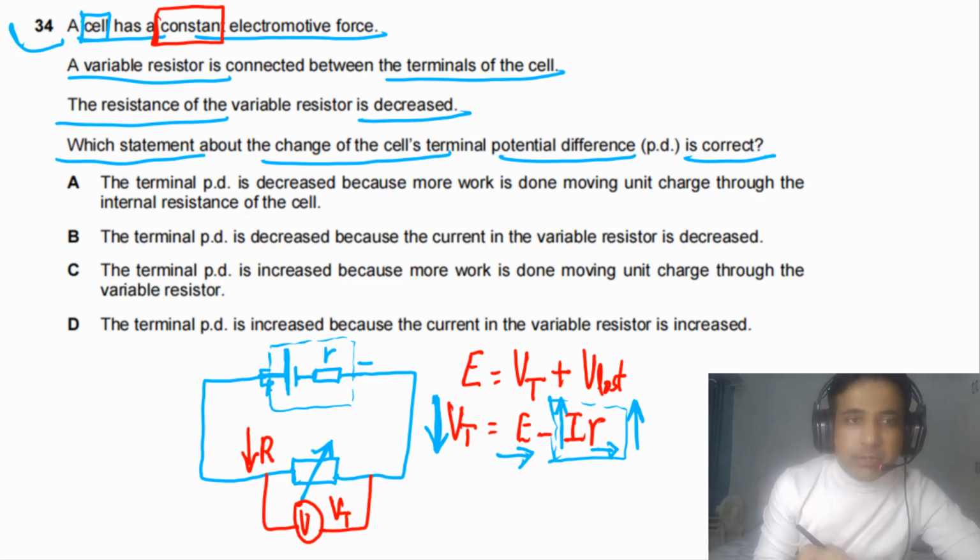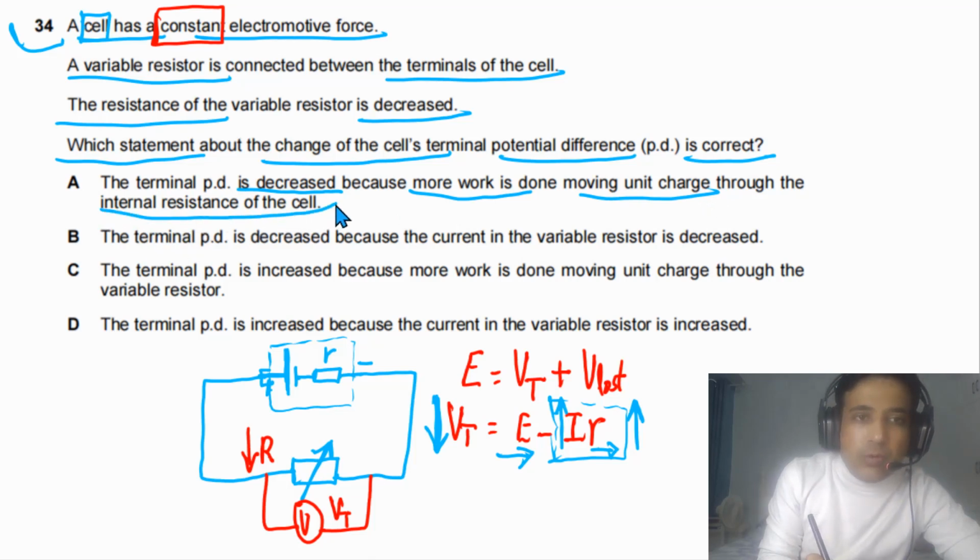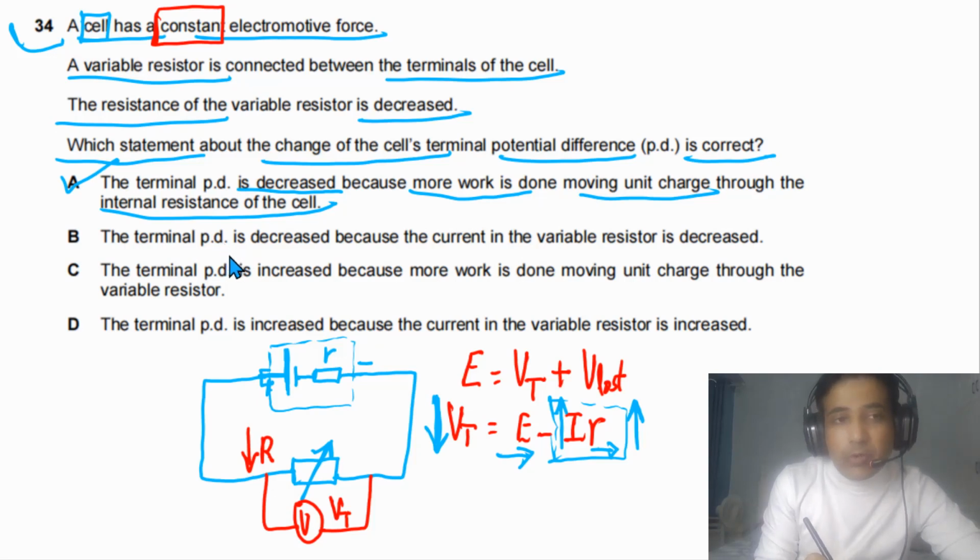If this concept is clear to you, now we can find the answer. The terminal PD decreases, yes, that's true, because more work is done moving the unit charge through the internal resistance of the cell. So this option is correct. If you look at option B, it says the terminal PD is decreased. This is right, because the current in the variable resistor is decreased.